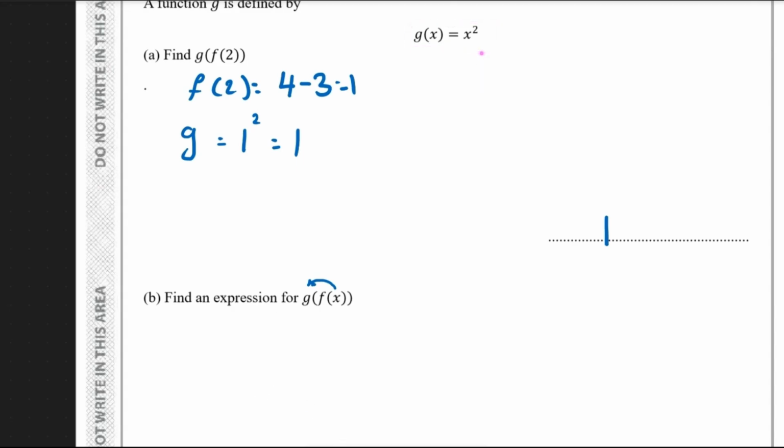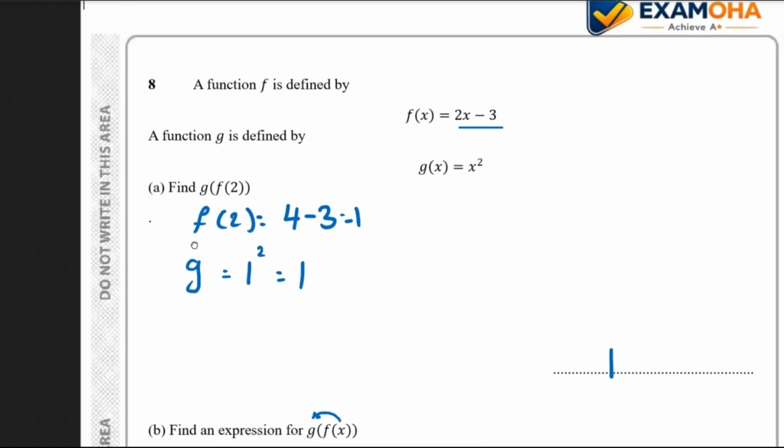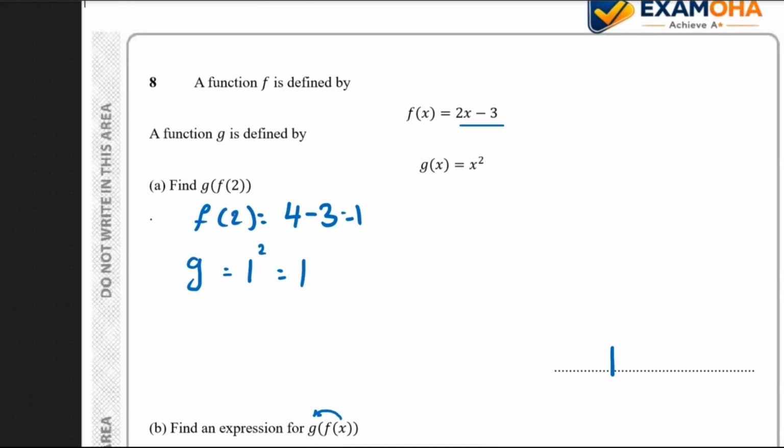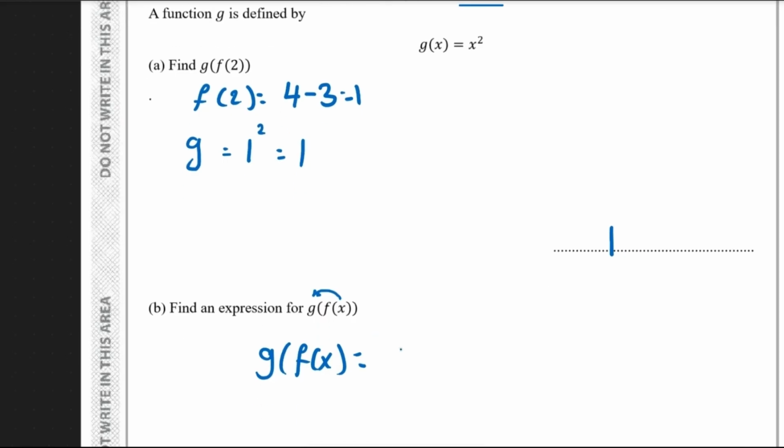So g of f(x) equals x squared, but f(x) itself equals 2x take away 3. So 2x take away 3, and all of this is squared.